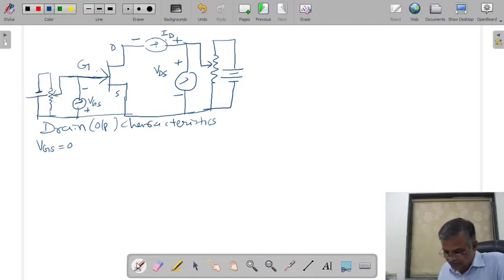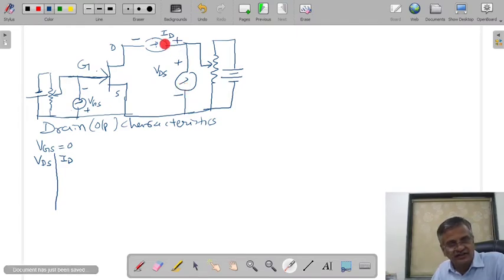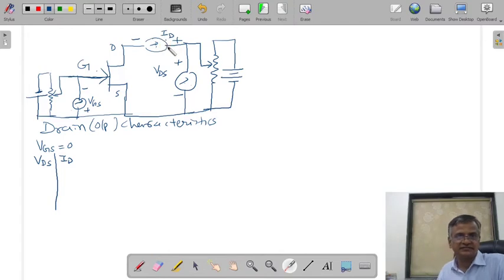Now I am changing this VDS in suitable steps and the corresponding drain current is noted. I am changing this VDS with the help of this potentiometer.